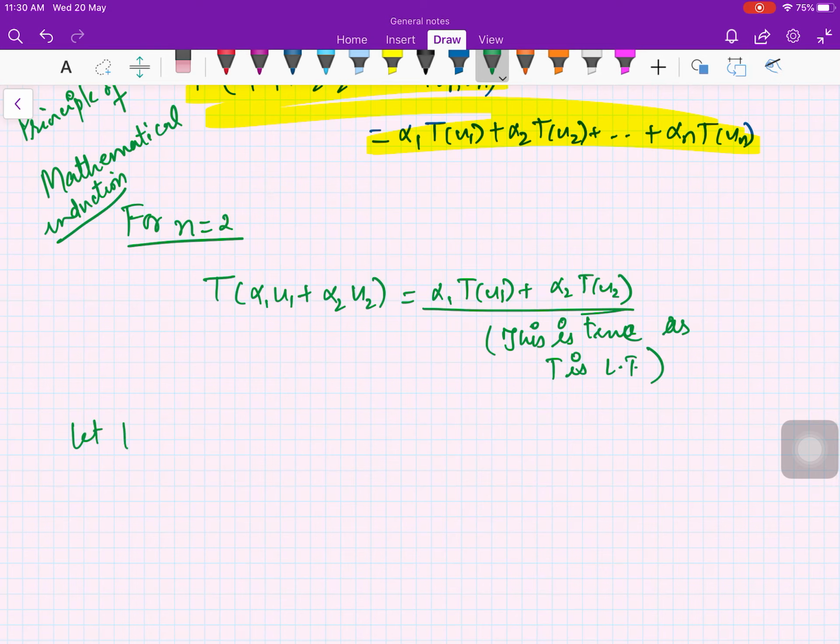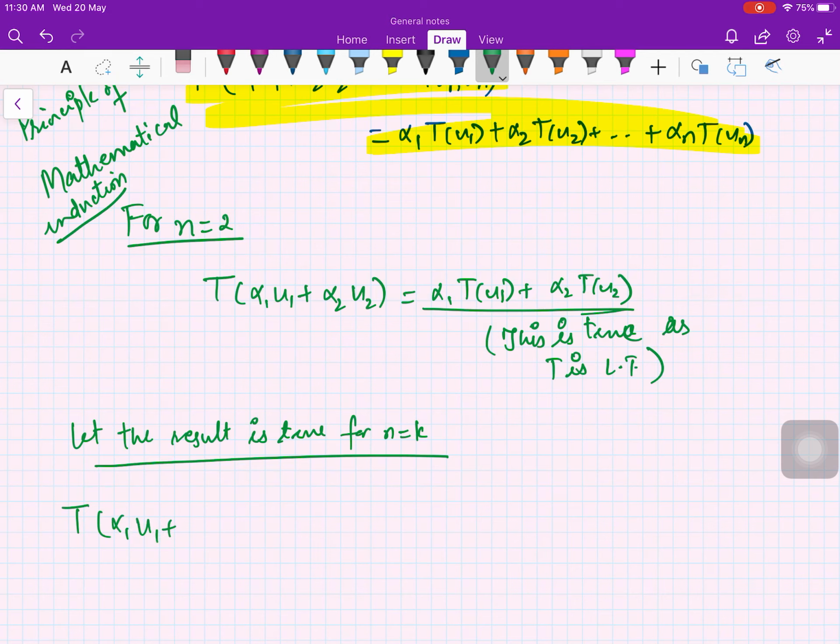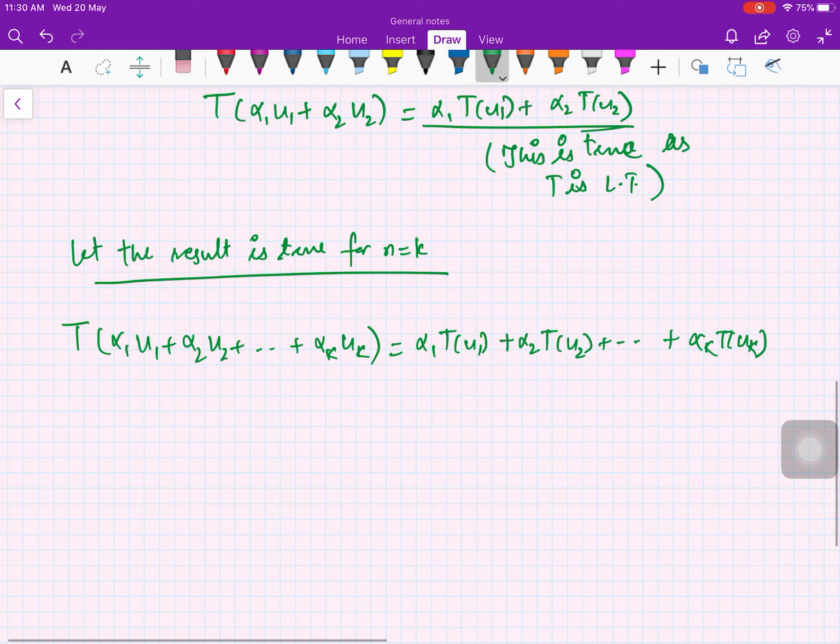Now let the result be true for n equal to k. So it means that T of alpha 1 U1 plus alpha 2 U2 plus so on alpha k UK is equal to alpha 1 T of U1 plus alpha 2 T of U2 plus so on alpha k T of UK. So this is what you are saying.